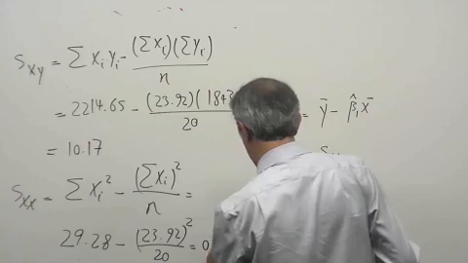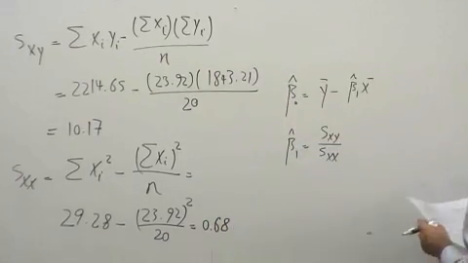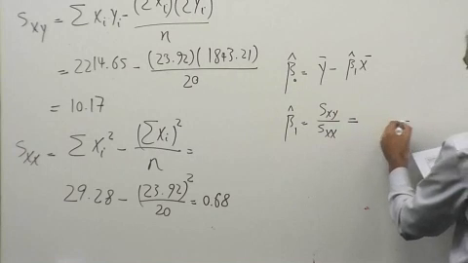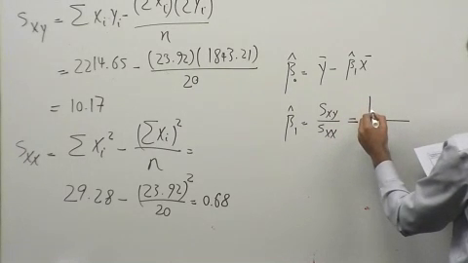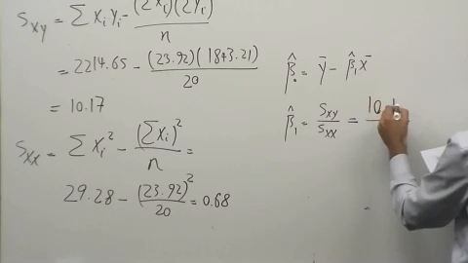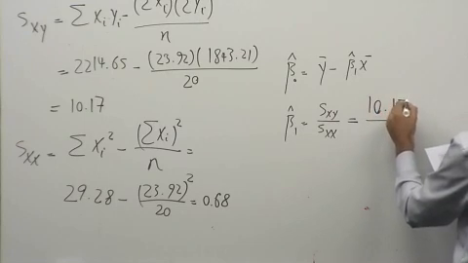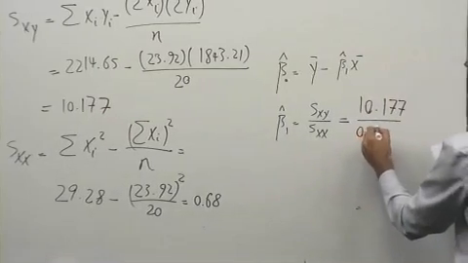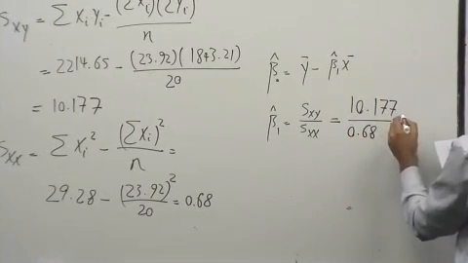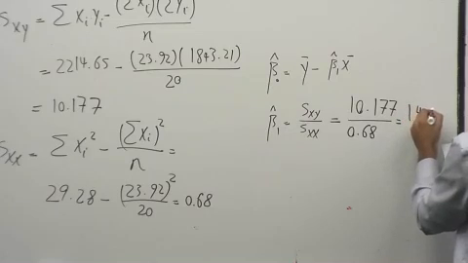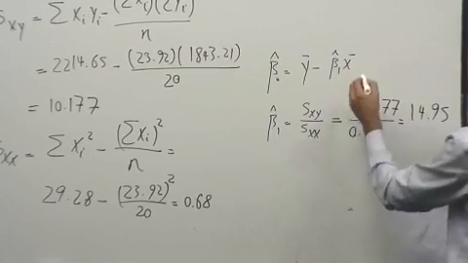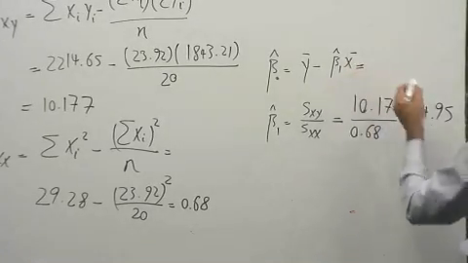This is 0.68. So our beta hat 1 is the ratio of these two. 10.177 divided by 0.68, which is 14.95. So our beta 0 is y bar.